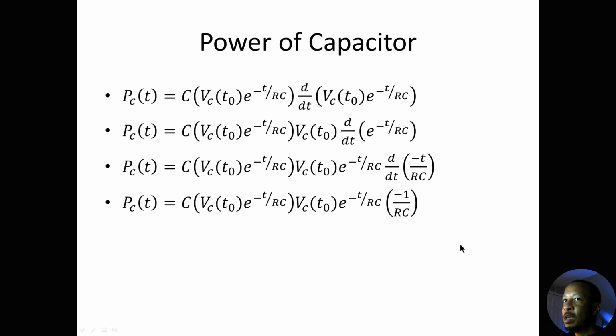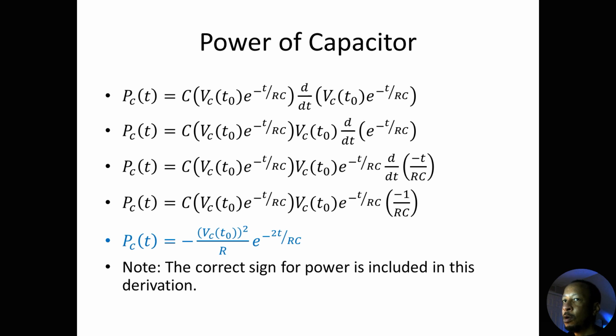Next I have PC of t equals C VC of t sub 0 times e to the negative t divided by RC times VC of t sub 0 times e to the negative t divided by RC times negative 1 divided by RC. So now I have PC of t equals negative VC of t sub 0 squared divided by R times e to the negative 2t divided by RC.